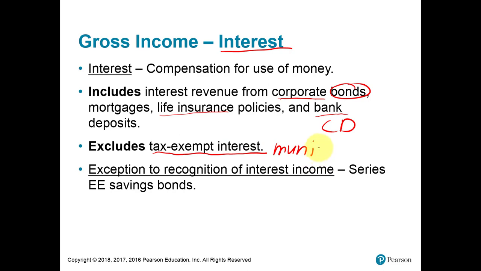Generally, there's always exceptions. Savings bond interest: well, U.S. government bond interest is taxable. It's the municipal bond interest that's tax-free, right? Now, if you buy savings bonds from the federal government, it may be possible to exclude interest if you use the bonds to pay qualifying education costs. I've never seen that in my whole career, but it is a possibility.